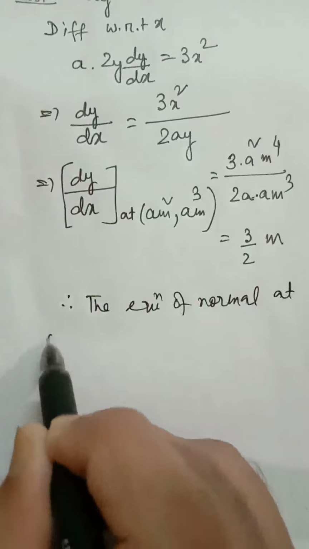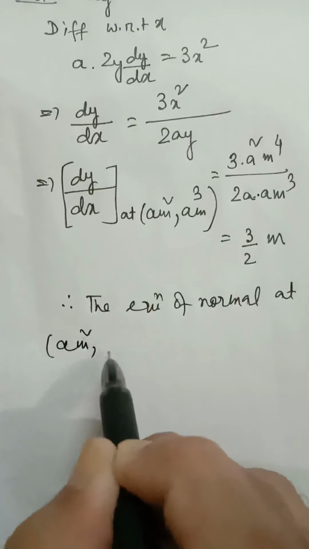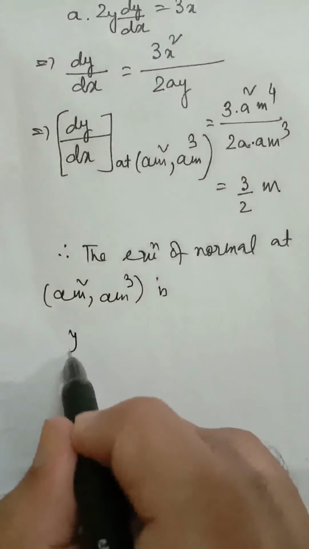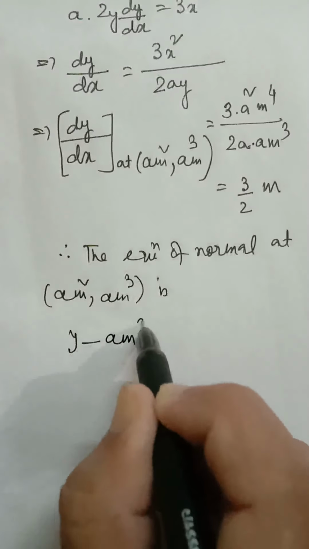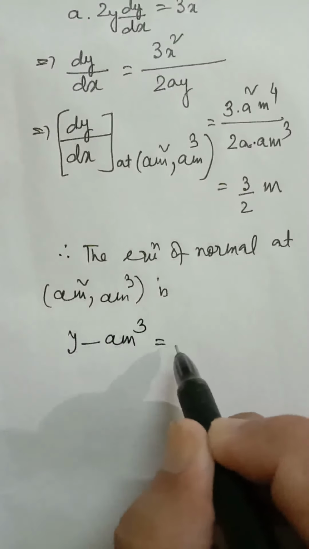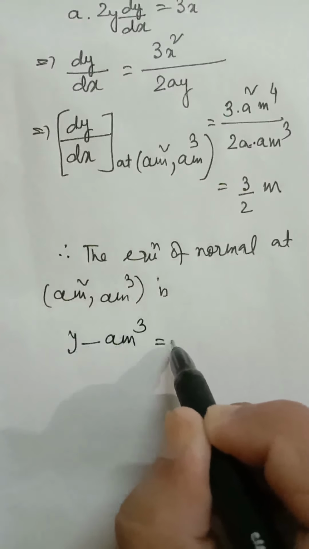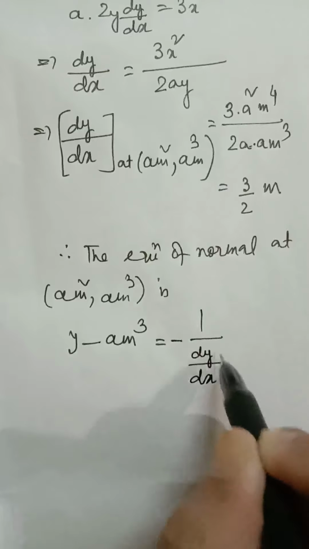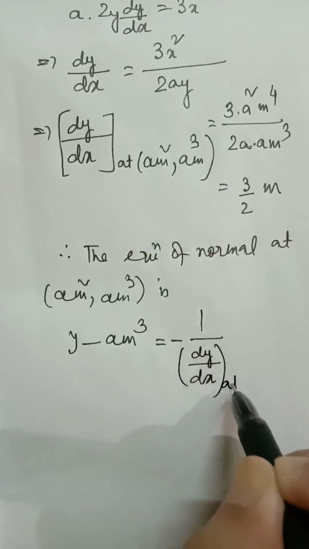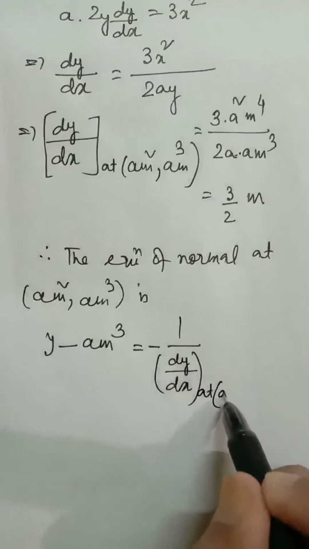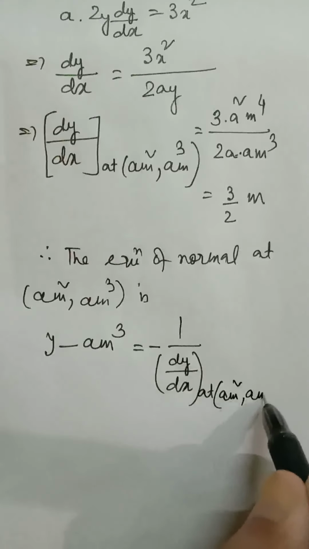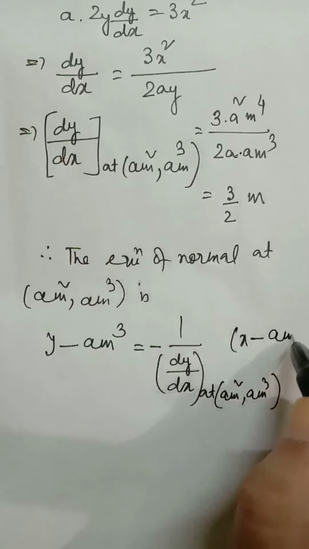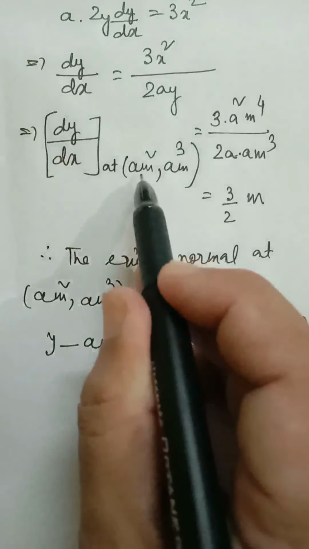Therefore the equation of normal at (am square, am cube) is, the formula is y minus y1 equal to minus 1 by dy by dx at (am square, am cube) into x minus x1. This is our x1, this is our y1.